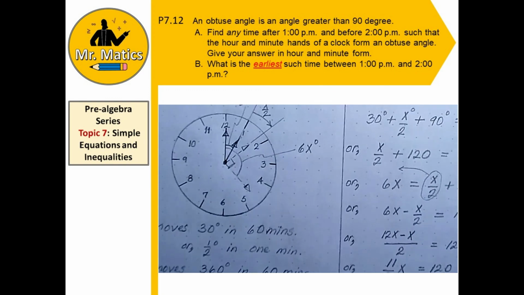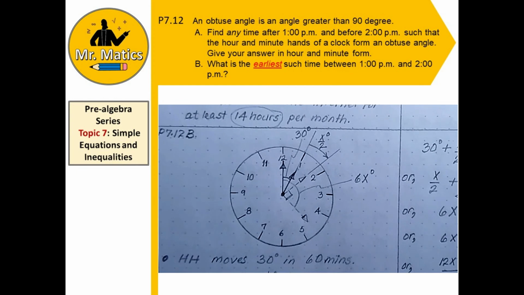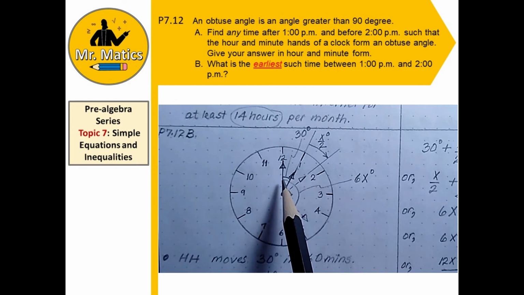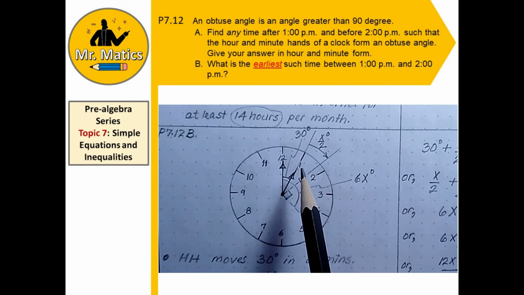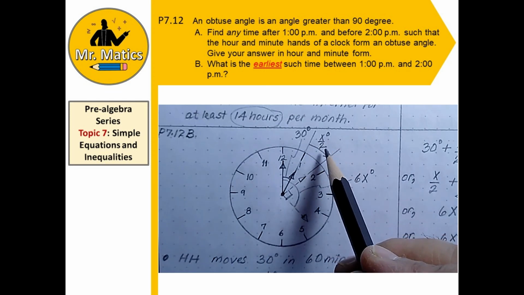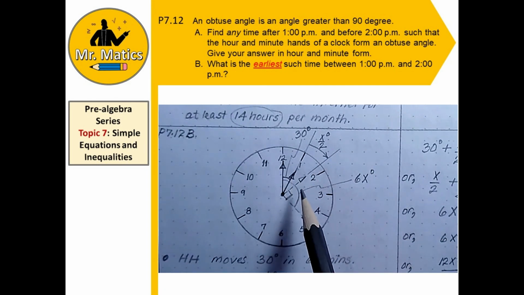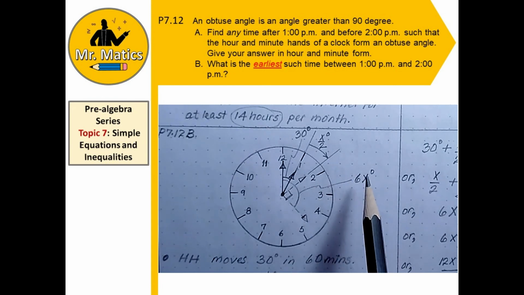So let's go over this problem one more time, at least the second part of the problem. We start at 1 o'clock. The hour hand is at 1 and the minute hand is at 12. As we move past 1 p.m., the hour hand moves at half a degree per minute, and in x minutes it goes x by 2 degrees. The minute hand goes at 6 degrees per minute, and so in x minutes it has traveled 6x degrees.